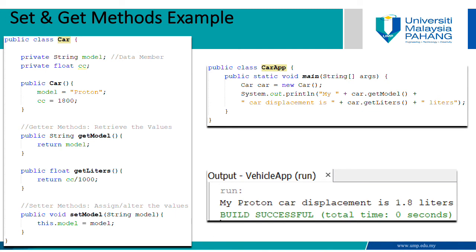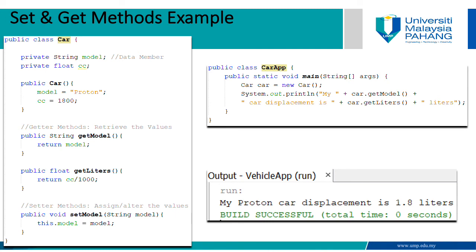So for example here, we are going to learn how we use set and get methods. On the left box, we have the public class Car. In this public class Car, we have information about the car: the model of the car and the CC of the car.